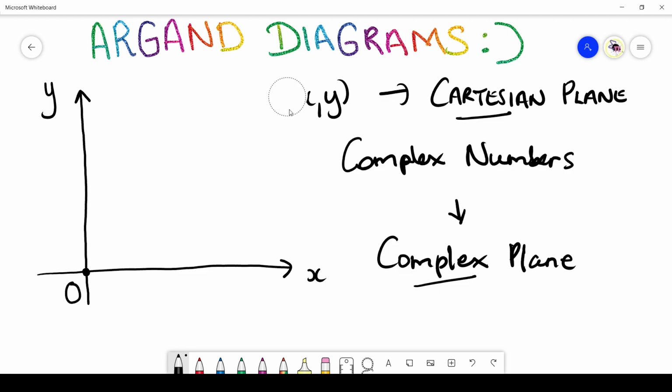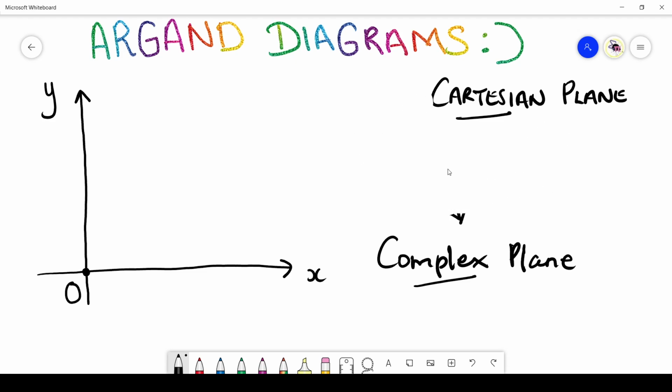Okay, so going from the Cartesian plane into the complex plane, let's recall what the general form of a complex number looks like. It's usually in the form x plus iy or yi.